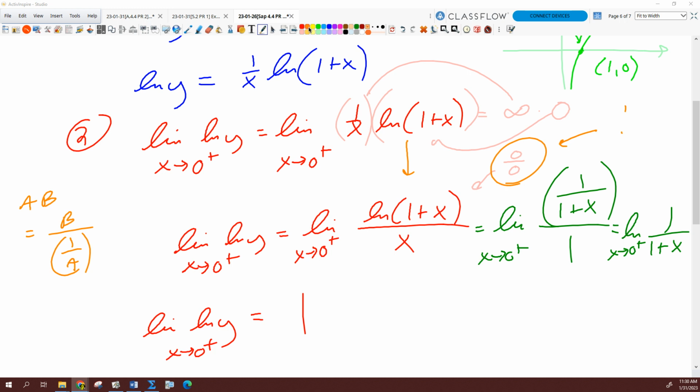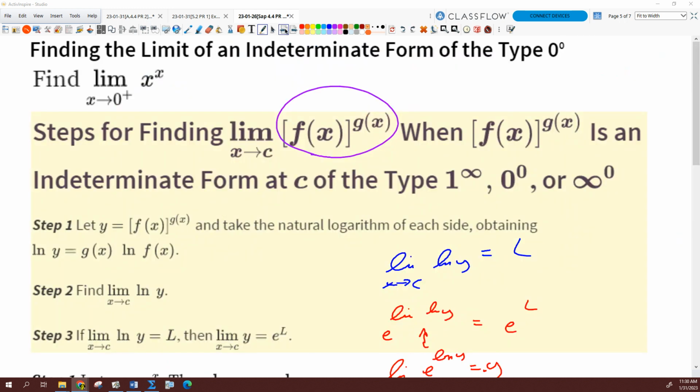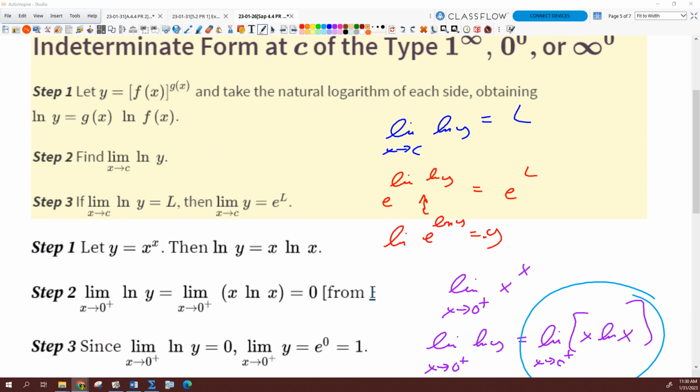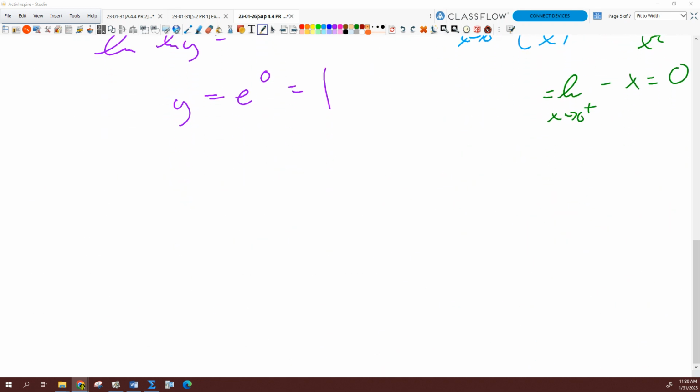Okay, so then how about going from step 2 to step 3? Does that make sense to everybody? Okay. They're skipping a property of logs here. They're saying that we have this property of logs that says this.